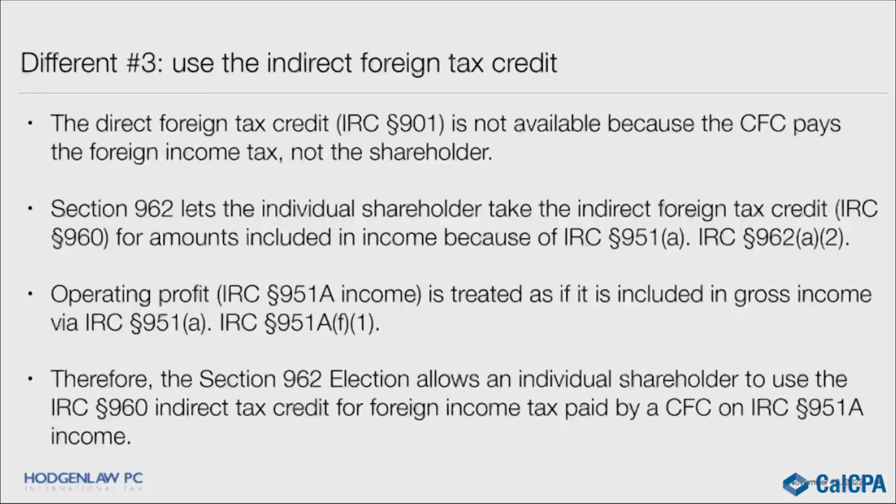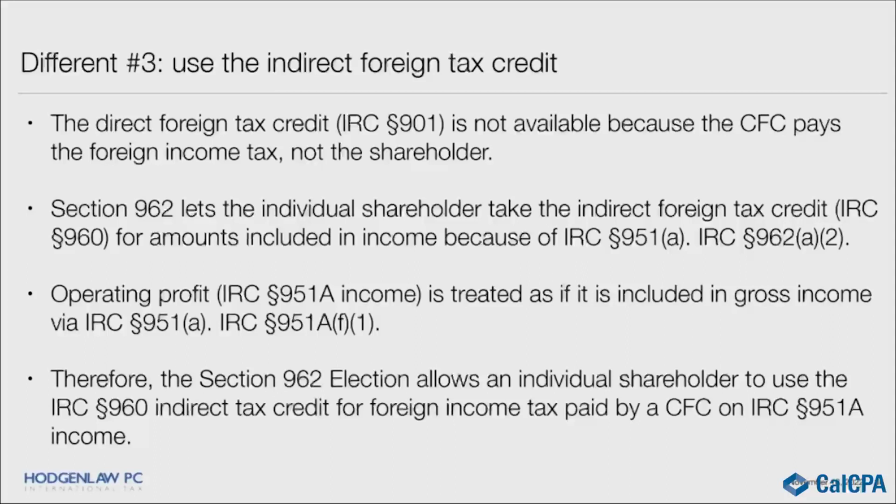And then the final thing, and this is the cool one in my opinion, is that because you are pretending to be a corporation, because you made the section 962 election, you are allowed to use the indirect foreign tax credit, section 960. So this means that the $180,000 of corporate income tax under the previous example that just went completely to waste, now we are going to be able to use some of it as a foreign tax credit.